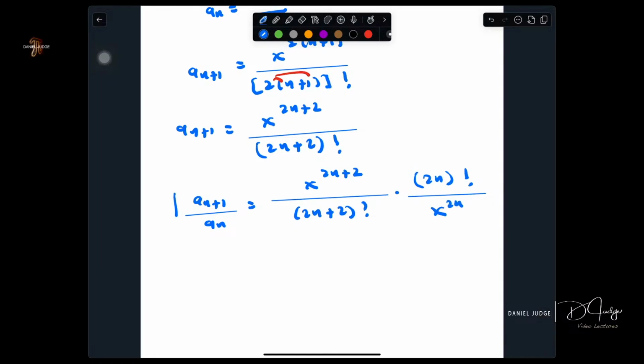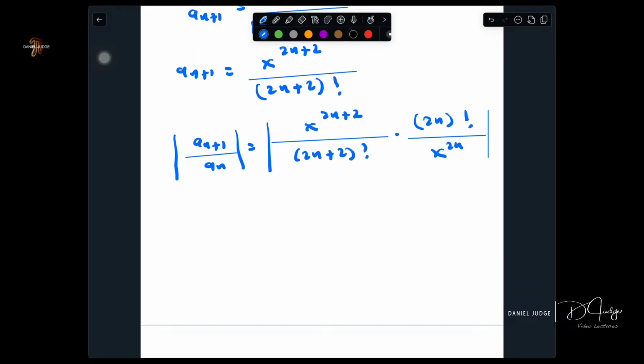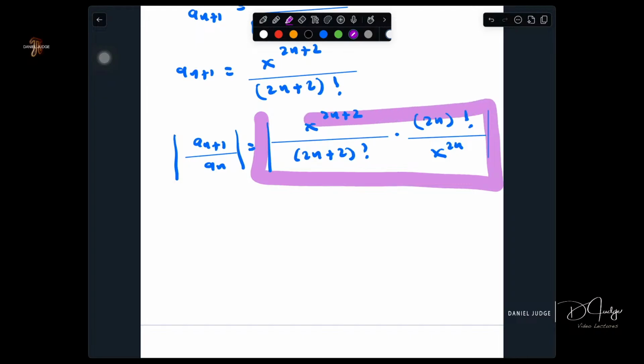And we need to see this in absolute values. Now, as we've been saying all along, we're going to use algebra over here.